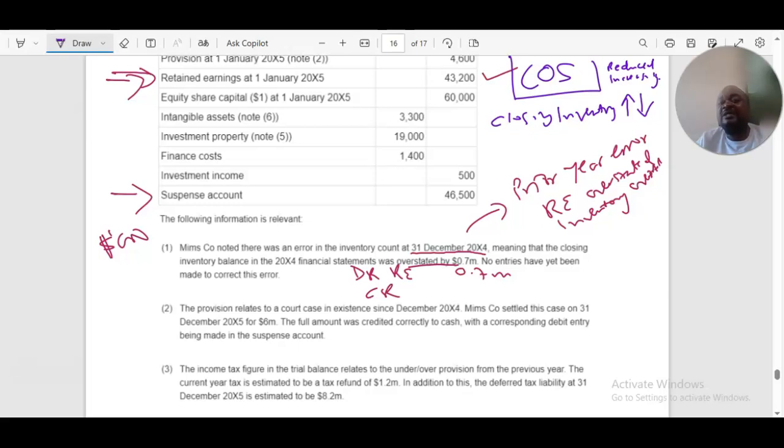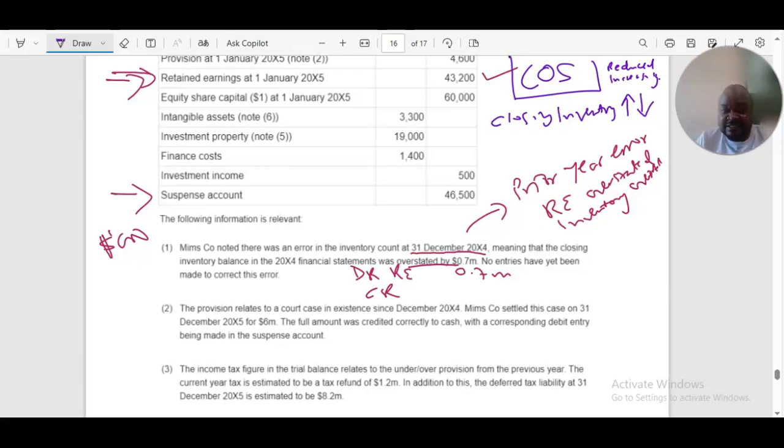Or there should be some reversal. But we need to understand what was the movement in double entry. What was the original debit or credit? Were there more debits or were there more credits initially?